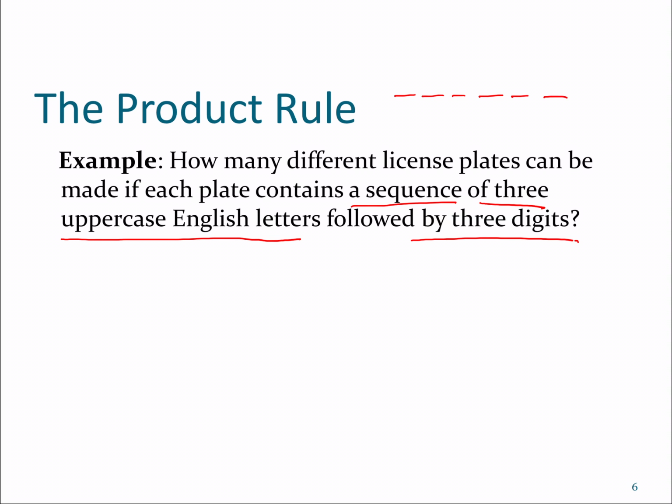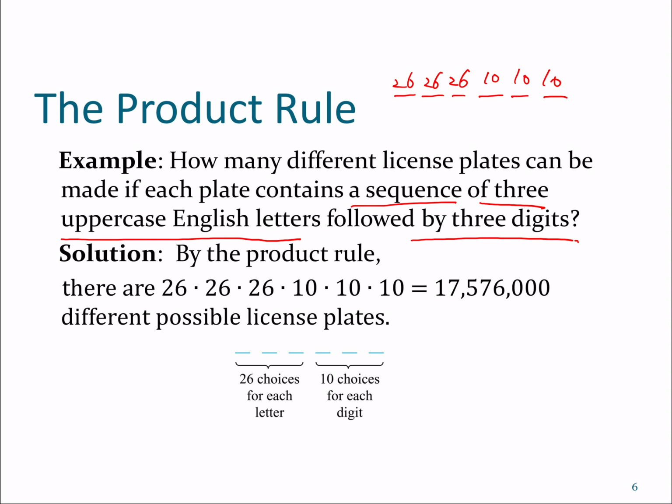The first 3 positions are the uppercase English letters. Each one is 26. And then the last 3 positions are digits. So each one is a 10. So together, just multiply these numbers together, and the final answer should be this product.